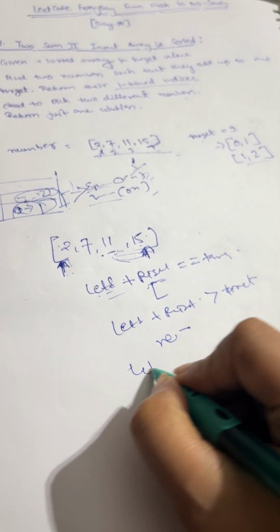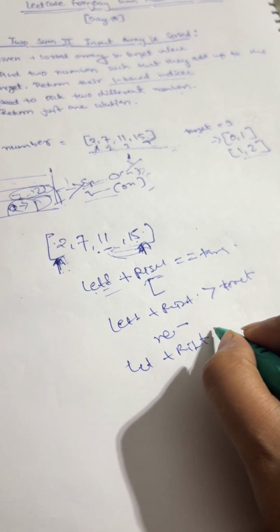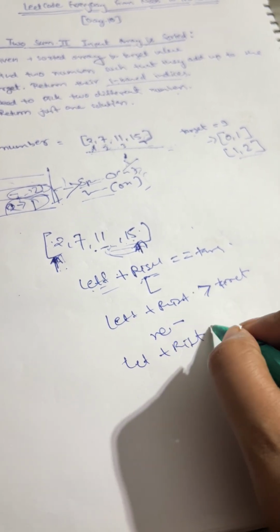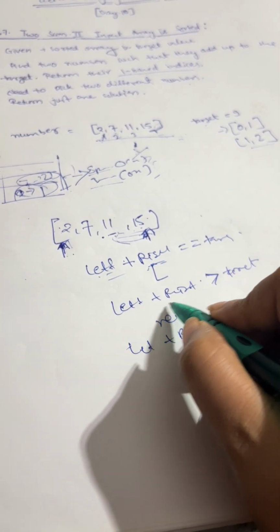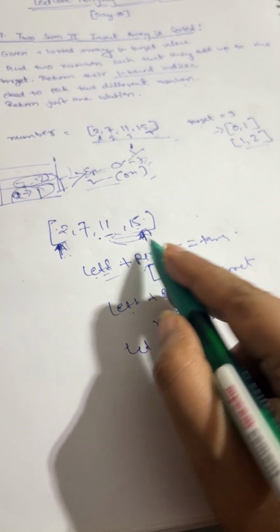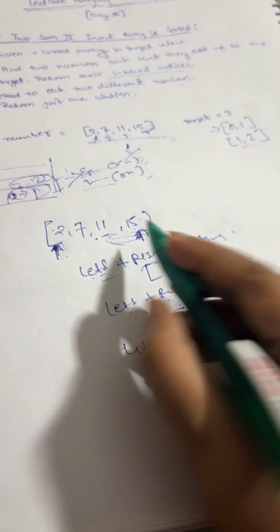And what if left plus right is less than the target? Suppose, for example, the sum 2 plus 17 is greater than 9, yes, so we need a lesser value.